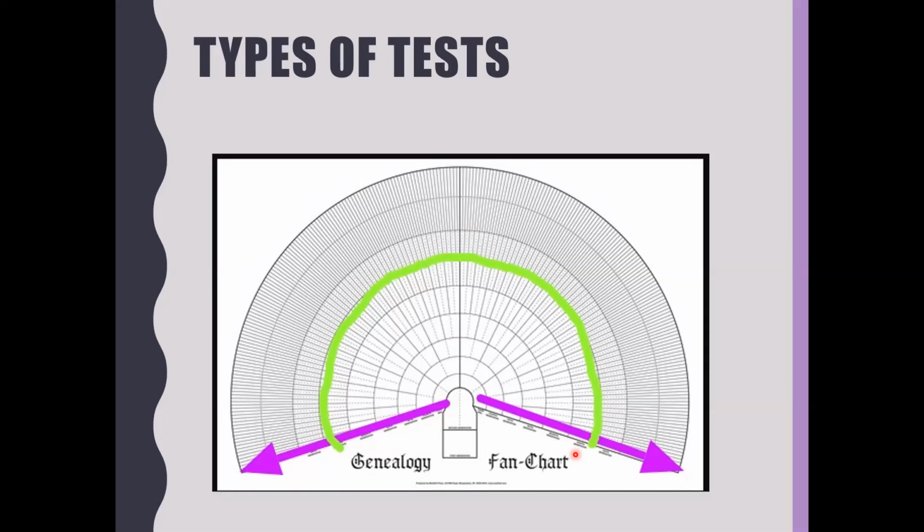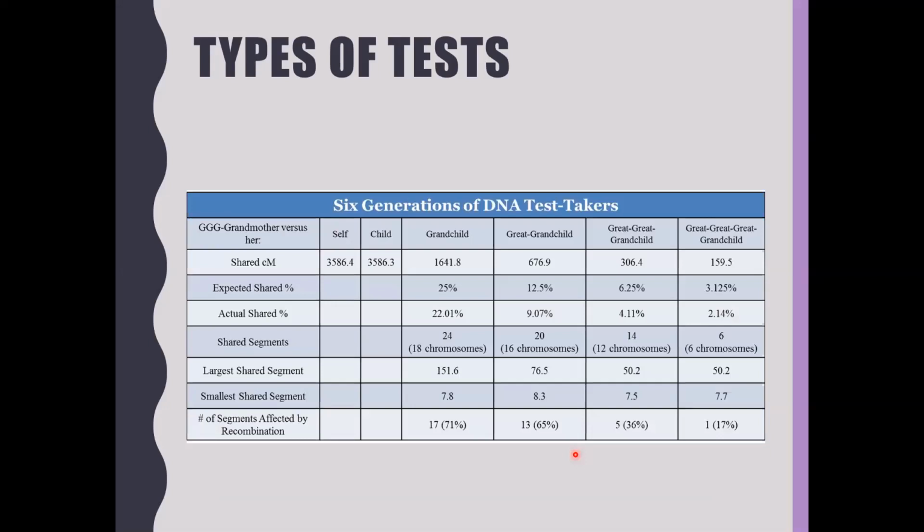Okay. Good. So just to look at this again, this is with autosomal DNA, and this is a case that was in one of the DNA groups I'm in on Facebook, and a family actually had 6 generations to test, which is pretty impressive right there.